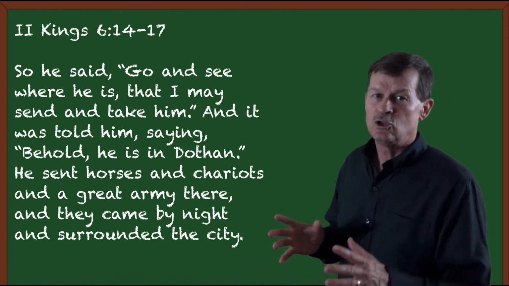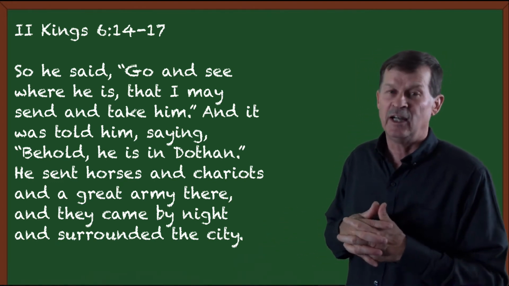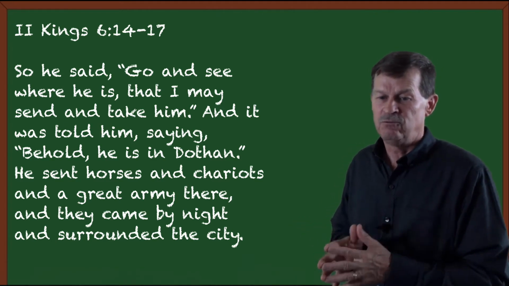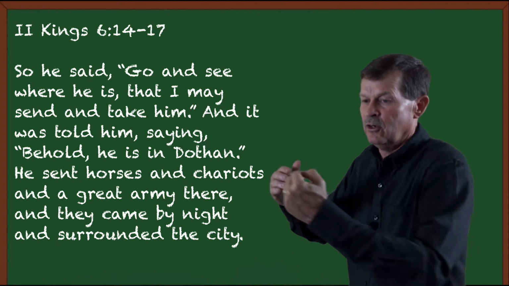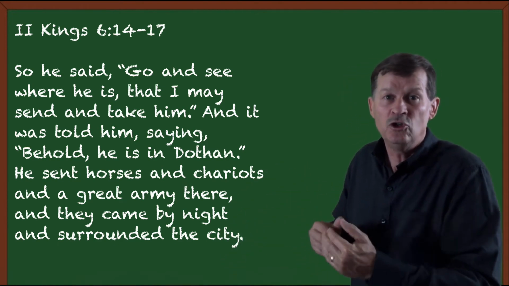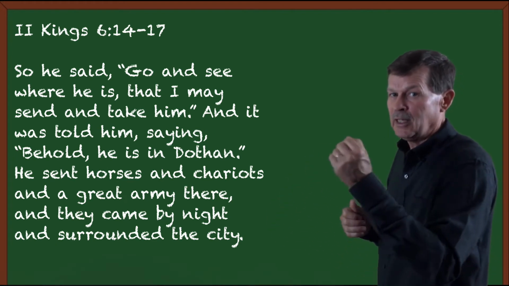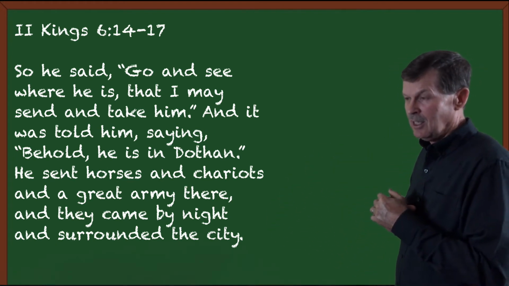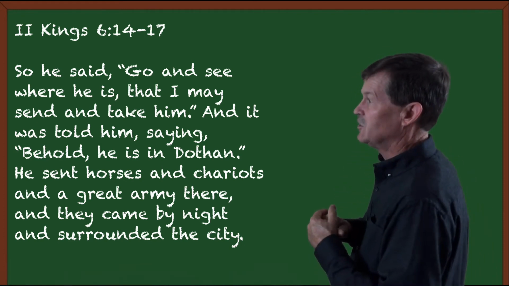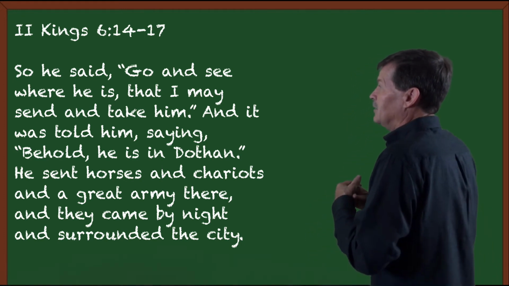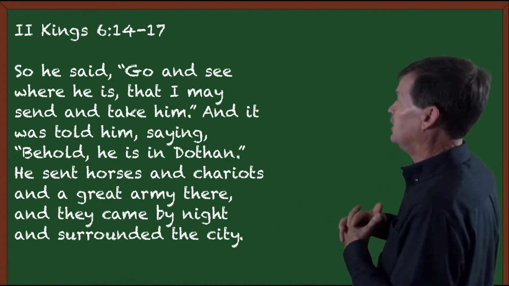This king is wanting to do away with this prophet because this prophet is informing the Israel king of what this other king is wanting to do, ambush or to make war. And so this other king is saying, let's go take this guy out. So he sent an army to surround the city where this prophet was living.